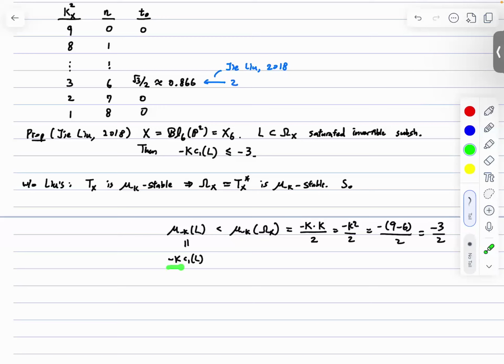This number is an integer strictly less than -3/2, which means minus K times C1 of L is less than or equal to -2. So Liu's result improves this upper bound from -2 to -3, and it allowed us to bring down this bound T naught from 2 to less than 1 in the case of K squared equals 3.